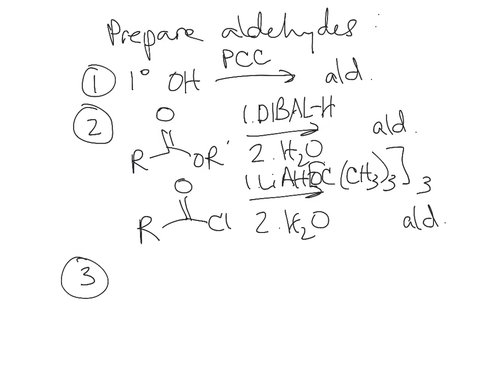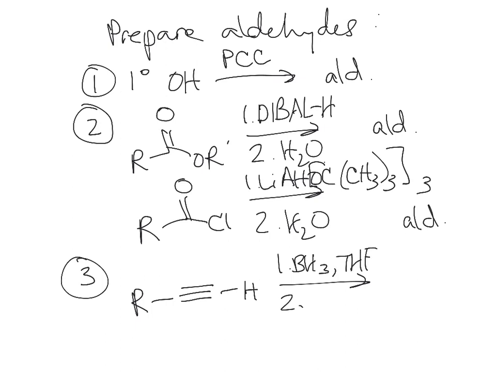Third thing you can do is hydroboration oxidation of alkynes. If you use BH3 in THF and hydrogen peroxide with OH minus, you'll end up with aldehydes.